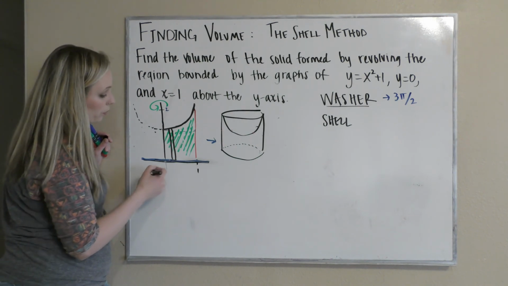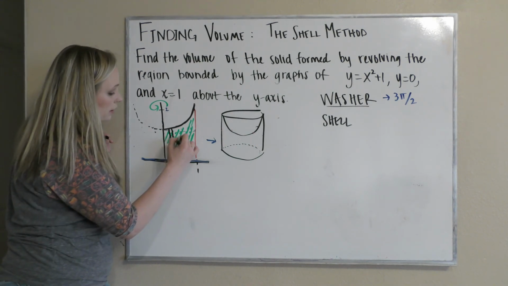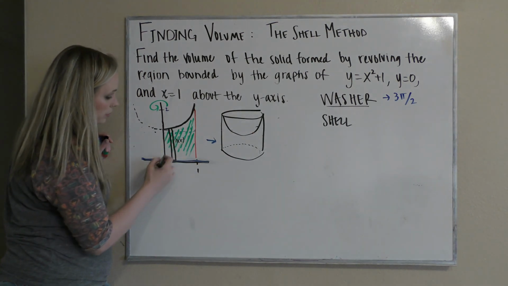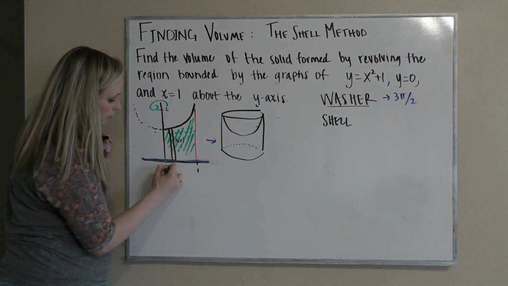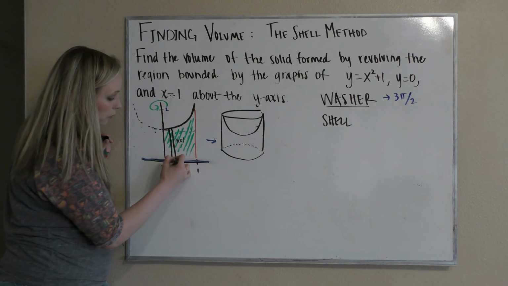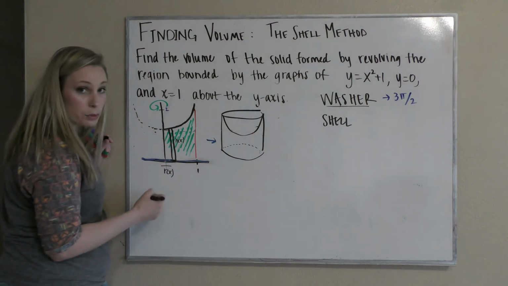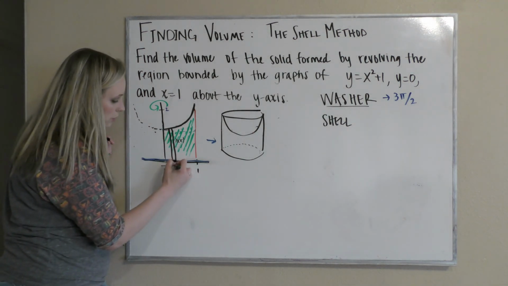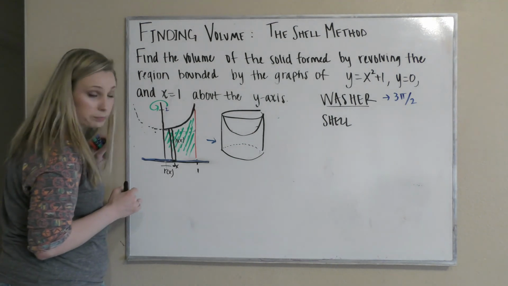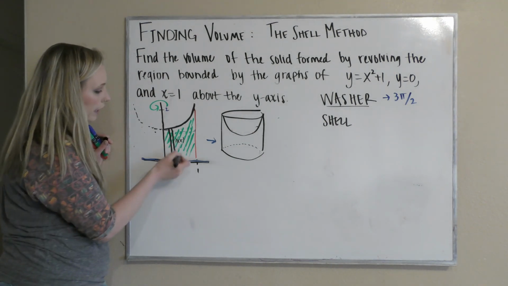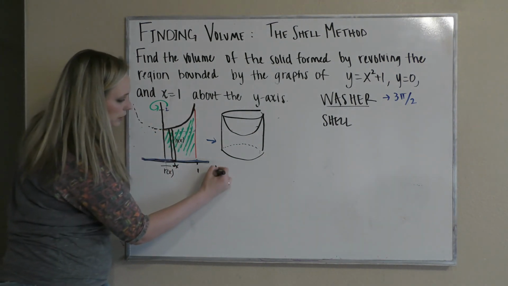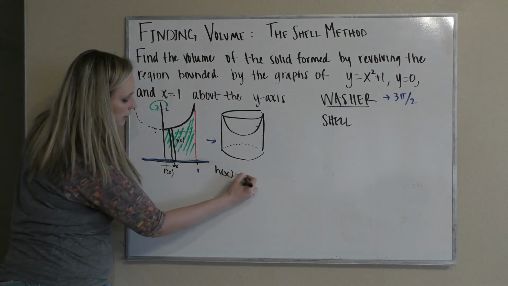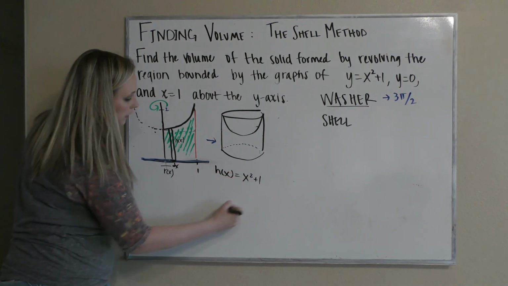So we need to know what is our height, what is our radius, and then what is the width. And because we're making our cuts this direction, we're going to say this is in terms of dx. Our height is going to be that function, so we're going to say h of x is x squared plus 1.